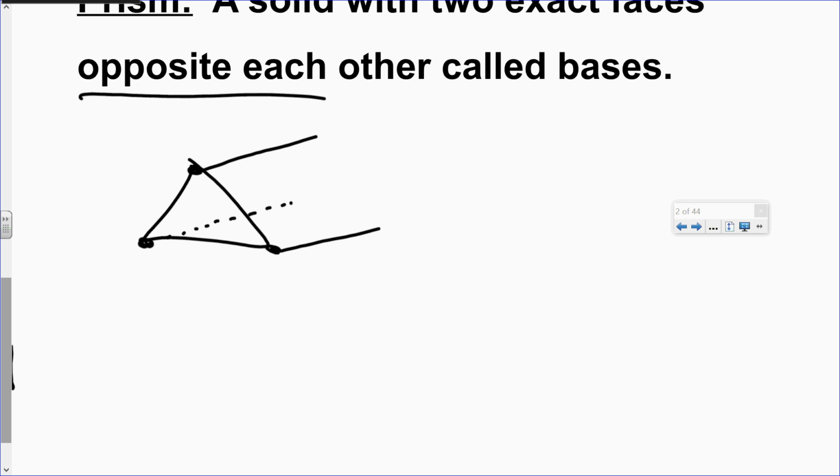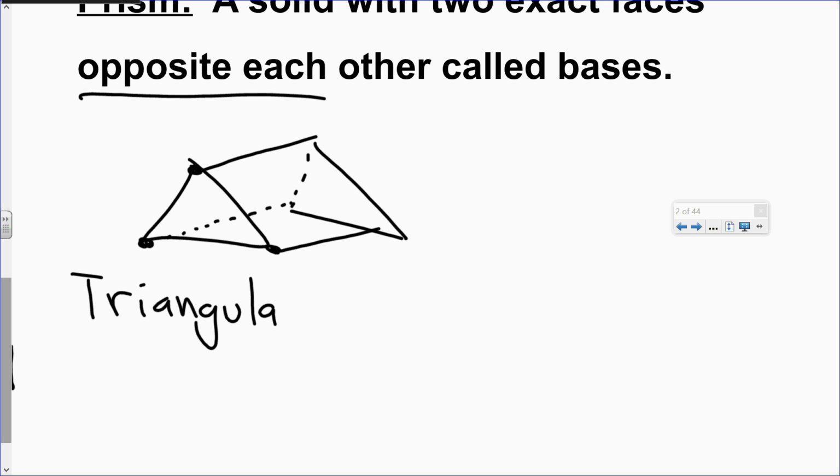If you make a dotted line, it gives it a 3D effect. Now it's a triangular prism. You have a triangle in the front and the back that are the same. So I'm going to write triangular prism. I name it by its main front and back face. Triangular prism.